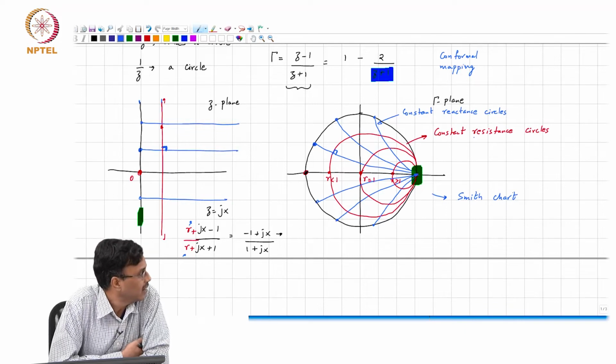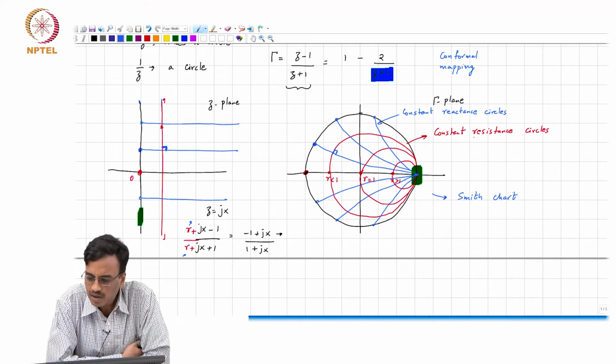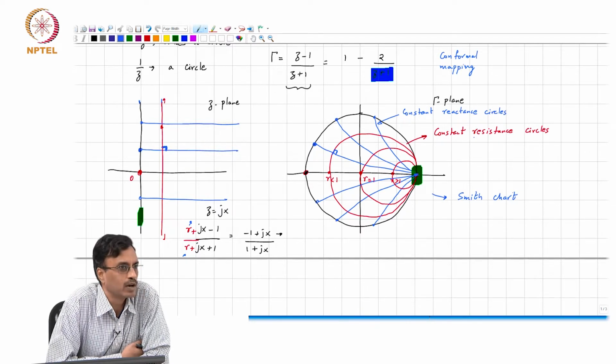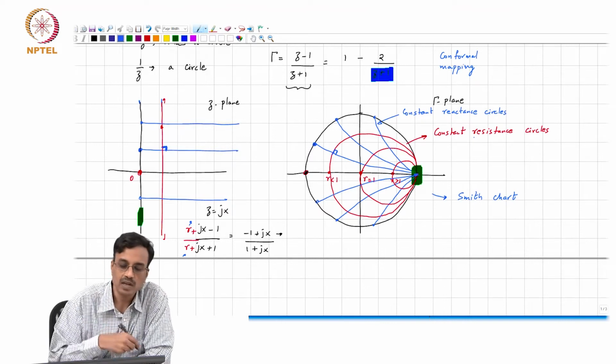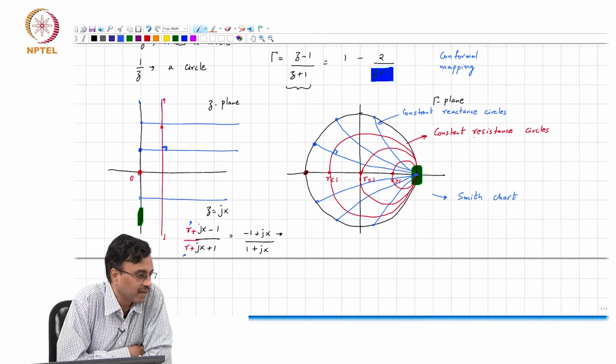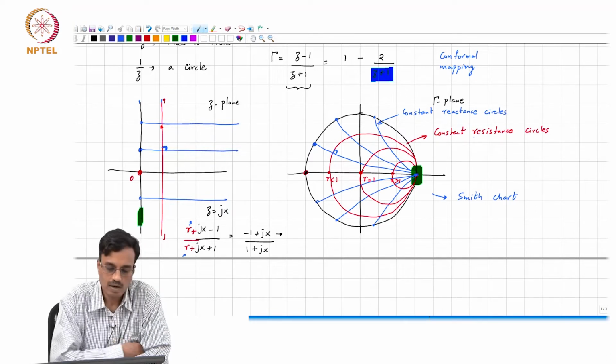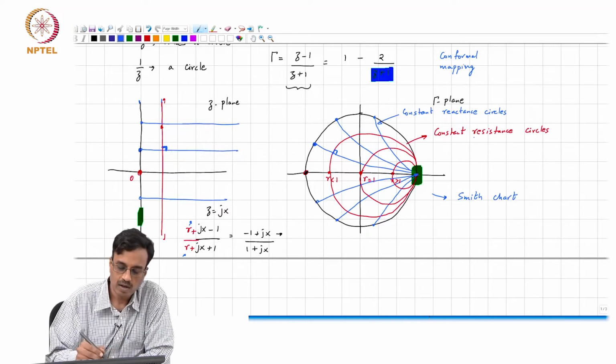All right, and the question is why should I bother about this, and why is this useful? Remember that if z is very large compared to 1, the small z, which is the normalized impedance, the impedance normalized to the characteristic impedance Z0, deviates from z equal to 1 by a lot.